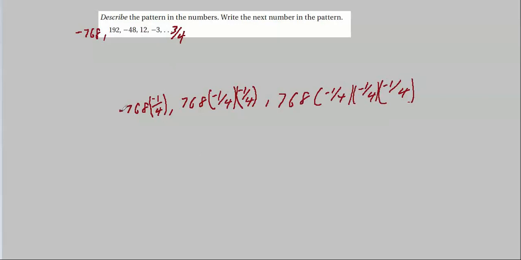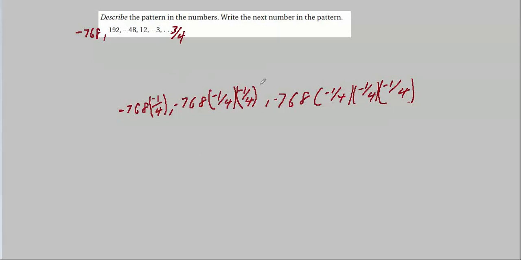This should be minus 768. Minus 768. Minus 768. Now we've got our signs going in the right direction. What I first wrote would have been minus 192 plus 48 minus 12 plus 3. Put the minus sign in here, and we've got it the way they wrote it, which is what we're supposed to want.